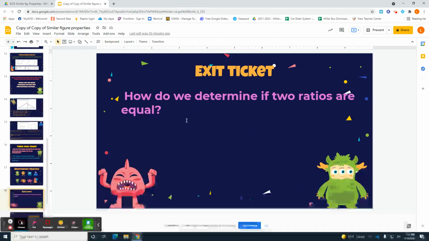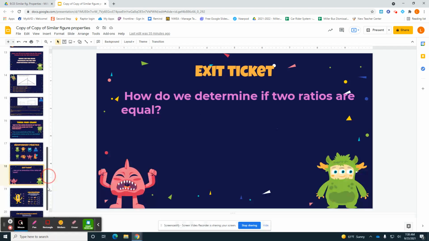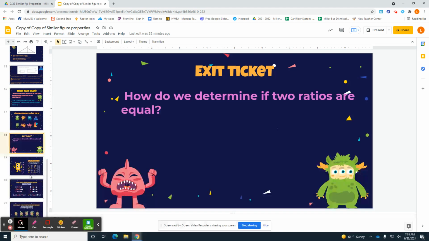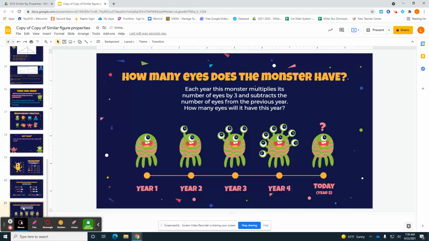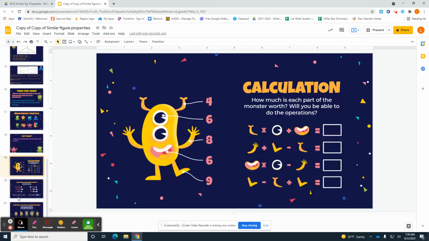Answer that on your notes. If you finish early, you can get a piece of notebook paper and try to figure these little puzzles out. Make sure you complete your notes and your independent practice and get it turned in to your teacher. Have a good day, guys.